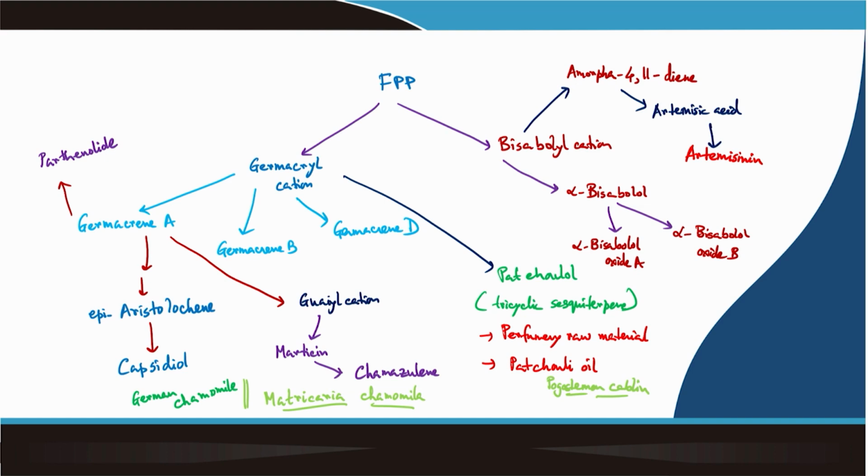Now, artemisinin is basically a Chinese medicine obtained from the plant which is called Artemisia annua. Sorry, I have to use a different color.